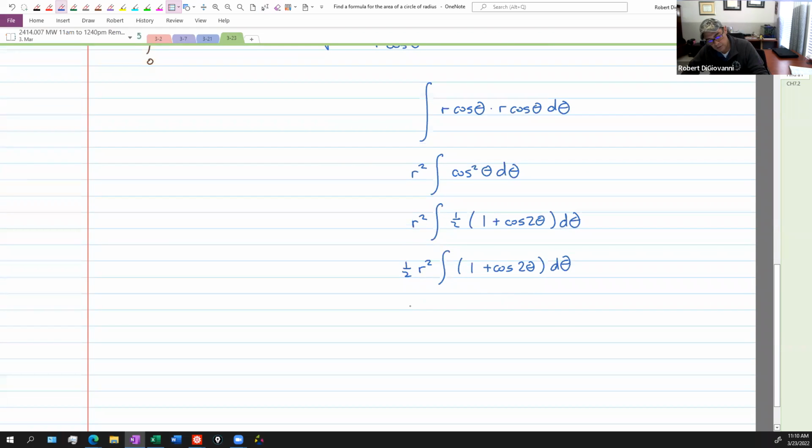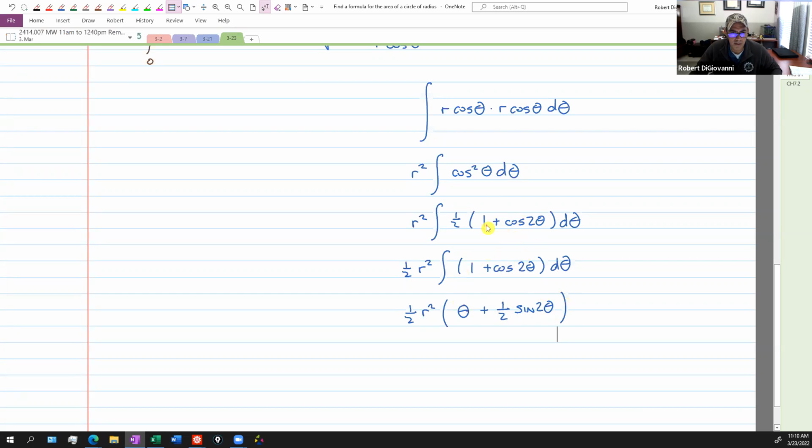And let's do an antiderivative. 1/2 r squared, okay, the antiderivative of 1 is theta. The antiderivative of cosine 2 theta is going to be plus 1/2 sine 2 theta. Have we done that enough where you understand what I'm doing?